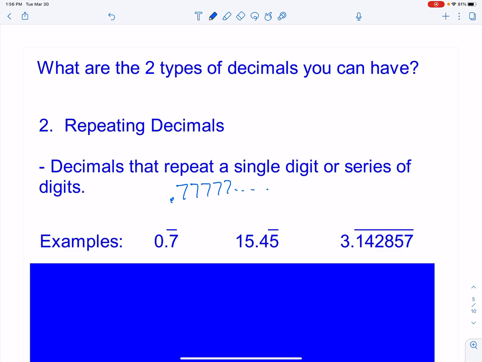Well, basically what that does is the calculator is looking at the last digit that it can display on the screen, and it uses rounding rules to calculate that last digit. So when you see 0.7777777 and it just looks like that 7 is going to keep going, but there's an 8 at the end, that's what we call a calculator rounding error.